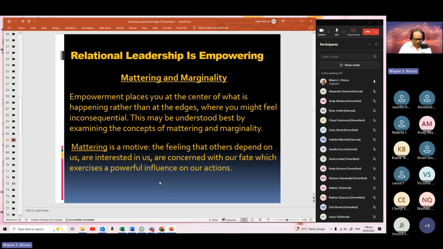So this whole concept of mattering and marginalization is something we have to pay attention to. Far too often in organizations, people at the lower end of the spectrum, so to speak, in organizational importance, primarily custodial staff, have a tendency to be ignored by administrative staff when making decisions about operational matters in the organization.